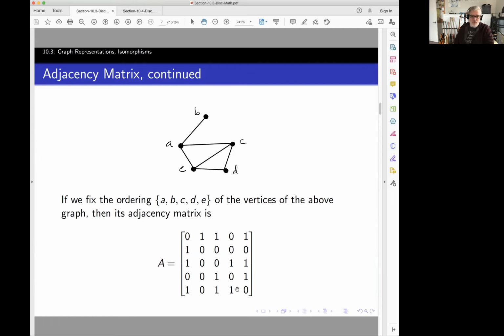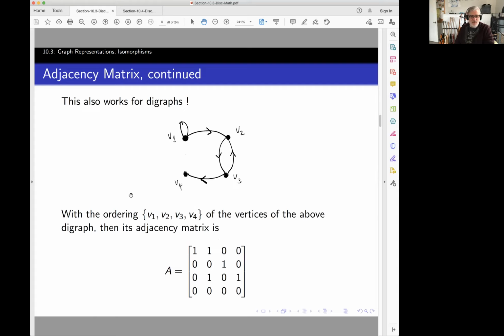If you have the graph, you want to create the matrix, you have to choose an ordering of the vertices, which doesn't seem like a big deal, but it plays an important role. This choosing of the ordering is important in a sense. We'll see in just a sec.